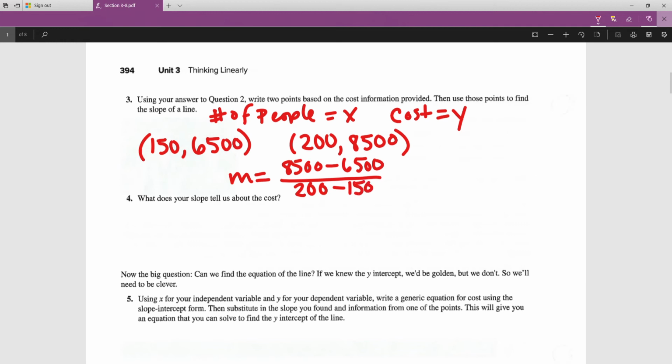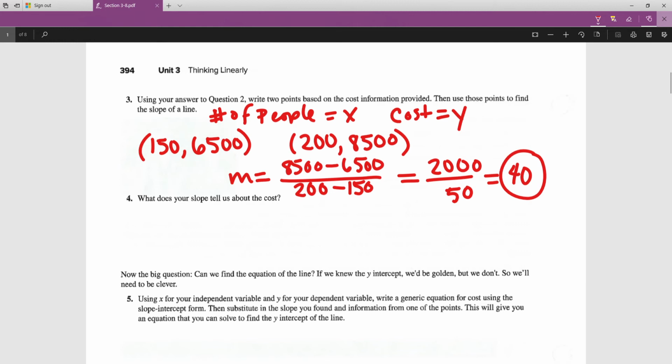And when we simplify that, we get 2,000 in our numerator over 50. The difference between those two numbers is 50. So the difference in the Y's over the difference in the X's reduces to 40. So our slope is 40.